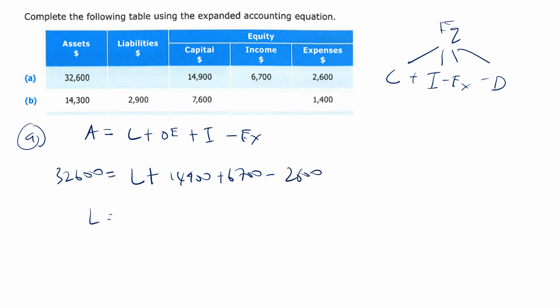So if you slowly figure out what L is, we will have 32,600 minus 14,900 minus 6,700 plus 2,600. That should give us the figure for liabilities. So you get 13,600.